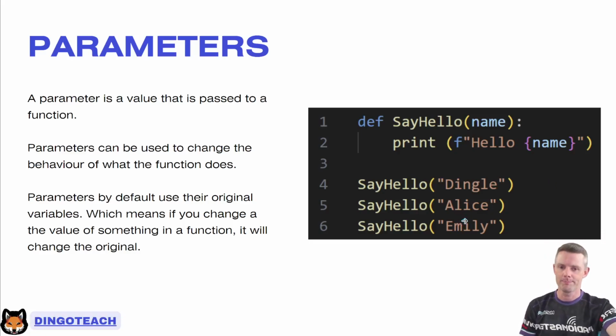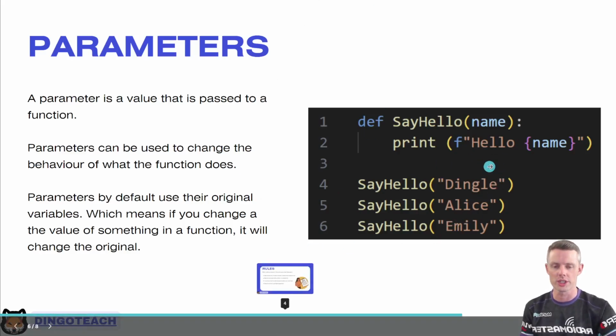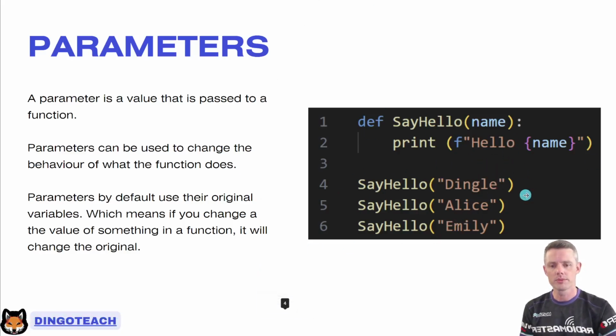A parameter. A parameter is essentially you making a variable that you can pass a value to in your function, and it can change the behavior of your function. So for example, just over here, I've made the say hello function again, but this time in the brackets, I've included a variable called name.